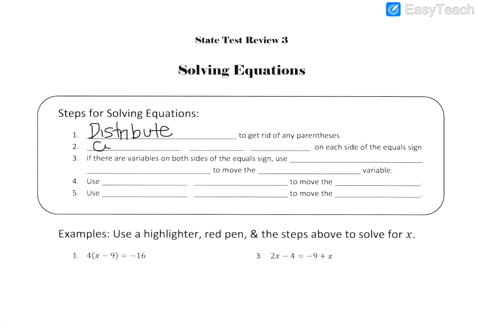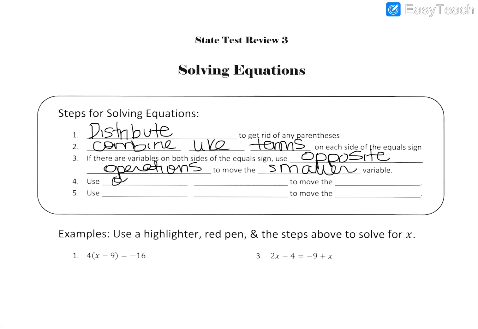Next, we are going to combine like terms on each side of the equals. If there are variables on both sides of the equal sign, use opposite operations to move the smaller variable.